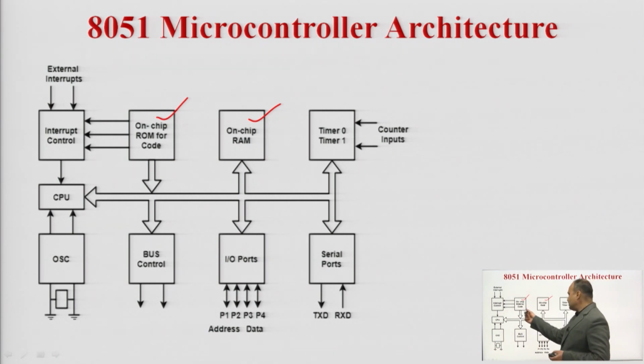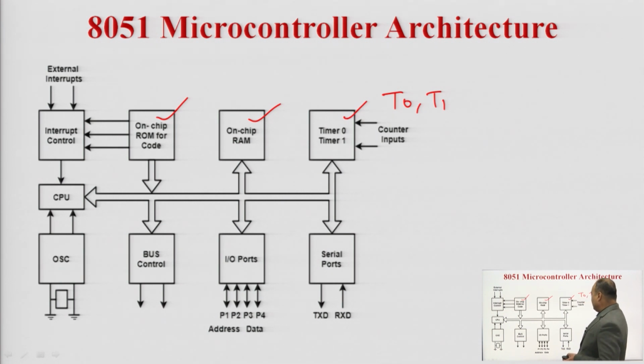The on chip ROM in 8051 is 4 kilobytes, and the RAM is 128 bytes. We have 2 timers, timer 0 and timer 1. Then we have the input output ports, 4 ports.